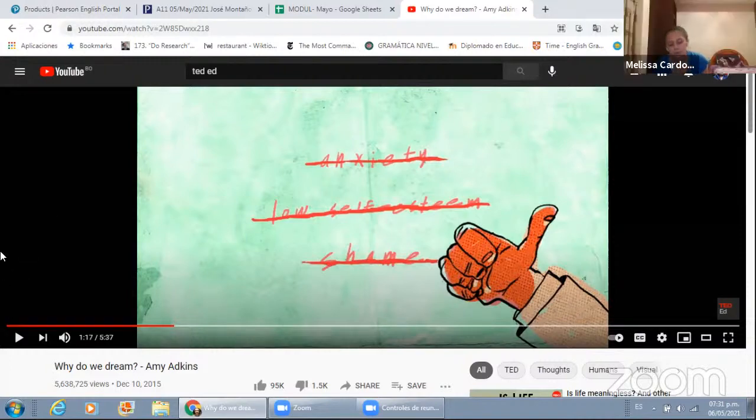For Sigmund Freud, dreams are the representation of our fears or our desires, and they are related to our unconscious mind.